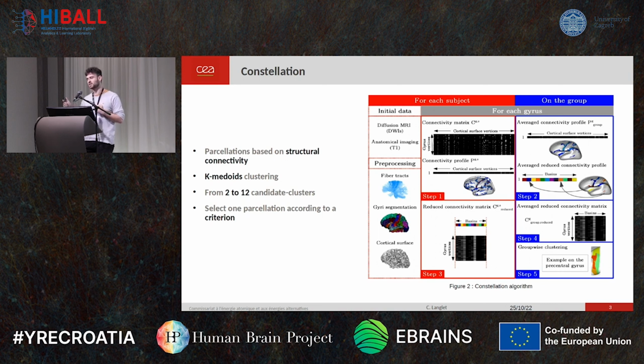We use this trick to reduce the individual matrices of the dataset. From these matrices that we average, we obtain a parcellation with a k-medoid clustering. We obtain from 2 to 12 candidate clusters according to the degree of freedom. From these clusters, we need to select one parcellation according to a criterion.